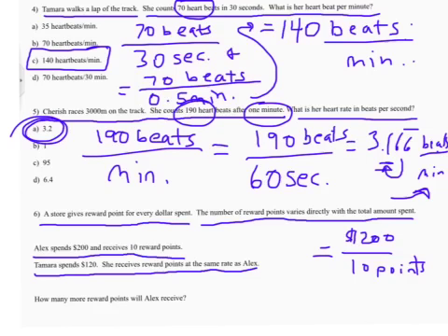So we could do it vice versa. We could do points per dollar, whatever. So we take 200 and we divide it by the number 10. And we find that we're working backwards here.